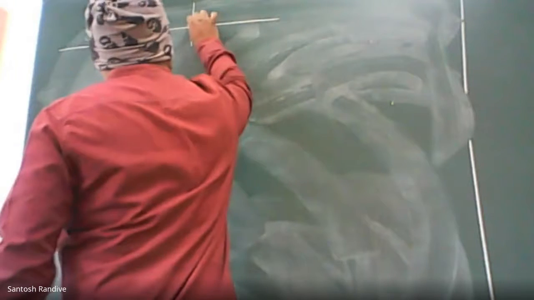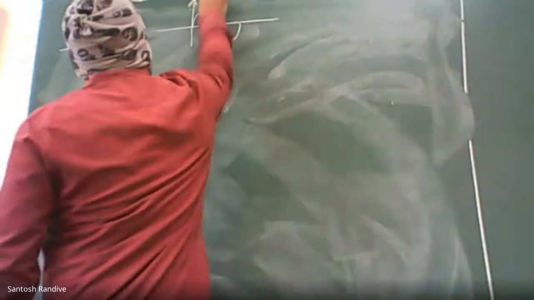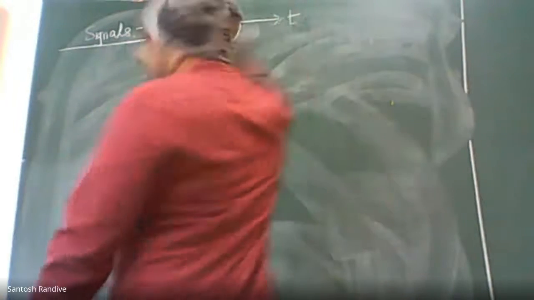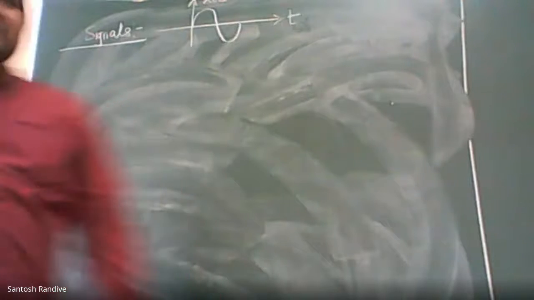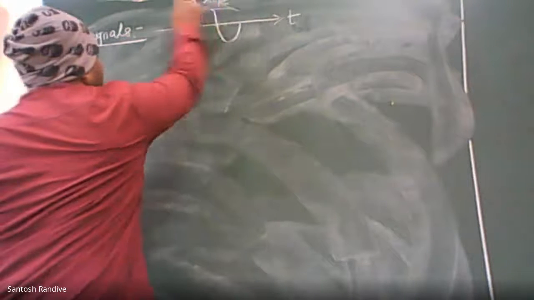A simple example of a signal is a simple sine wave, represented by x of t, where t is the variable. It depends on one variable, that is time, and this will be the amplitude axis.